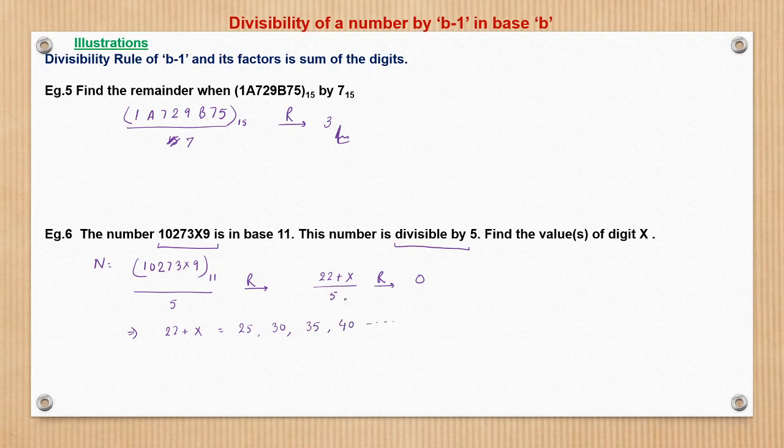Only then would this remainder be 0. So from here x would be 25 minus 22, which is 3, or 30 minus 22, which is 8, or 13, and so on. Now since the base is 11, x must be less than or equal to 10, to comply with this.